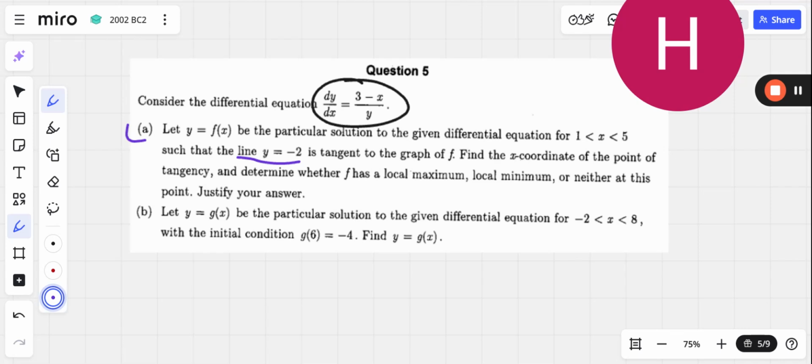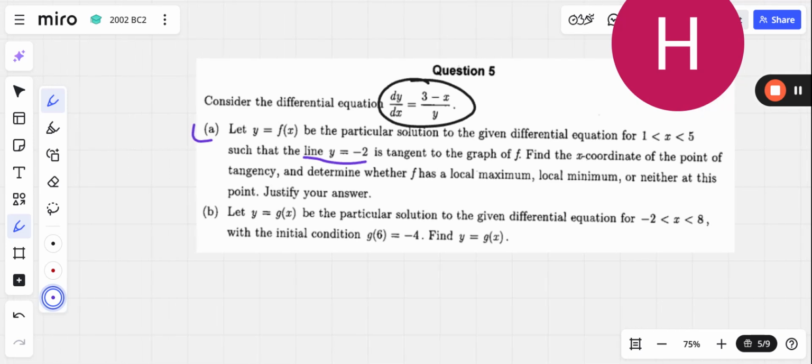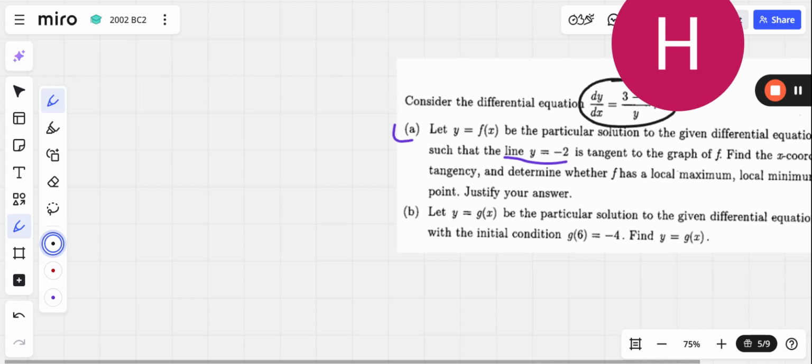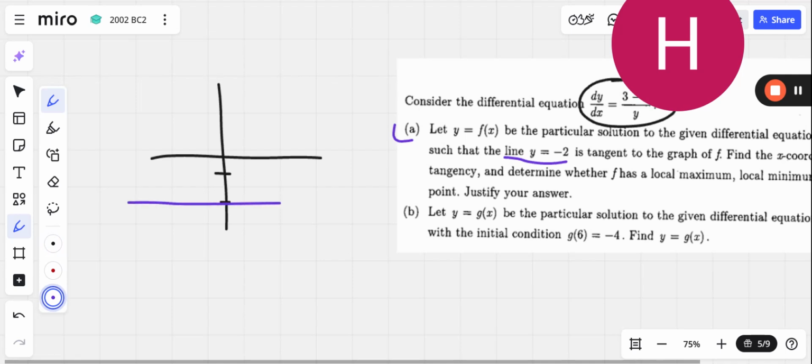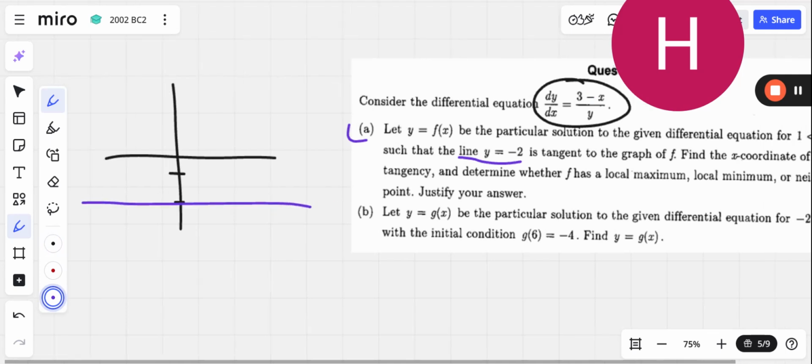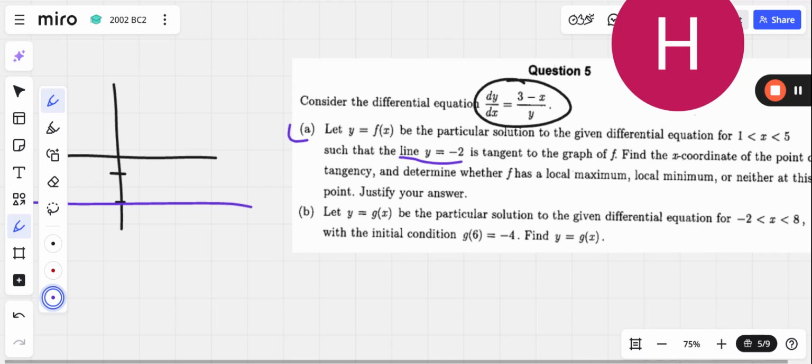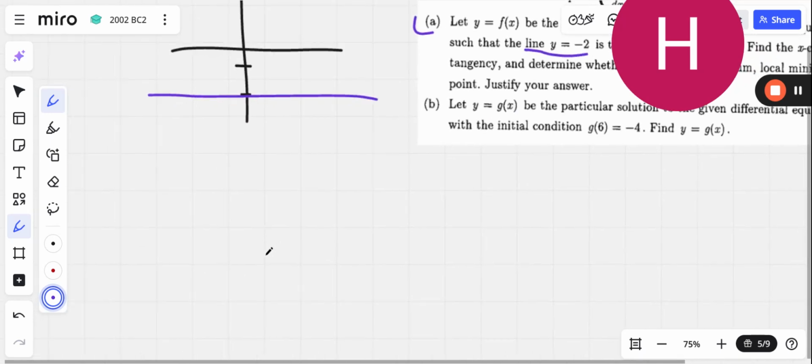Okay, so what does that mean? That means that a horizontal line is tangent to the graph at some point. We know what the y value is, somewhere on that line. We don't know exactly where the curve touches it. It could be going like that or something, or it could be coming from above. Who knows?